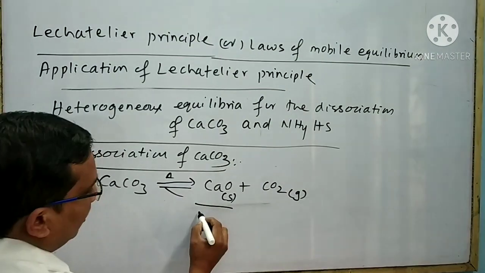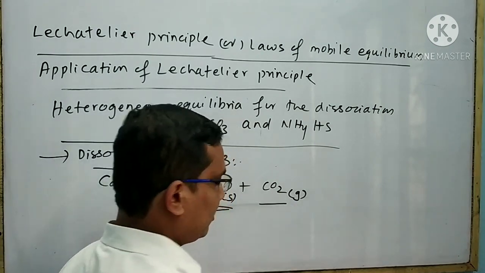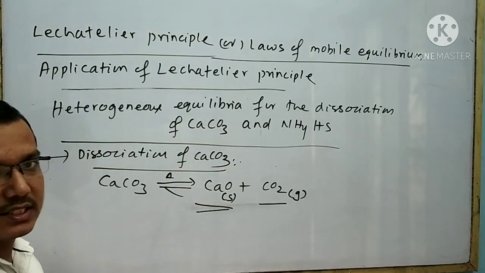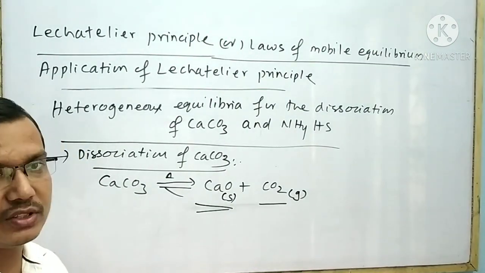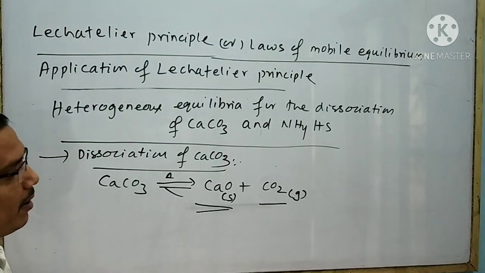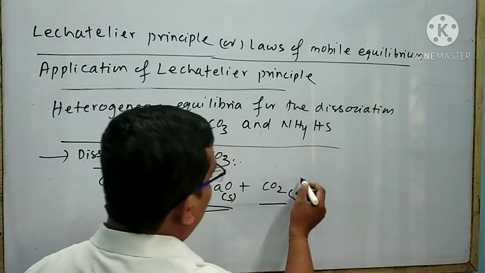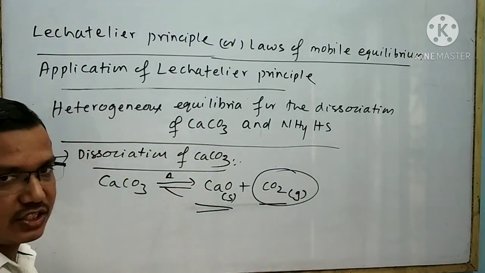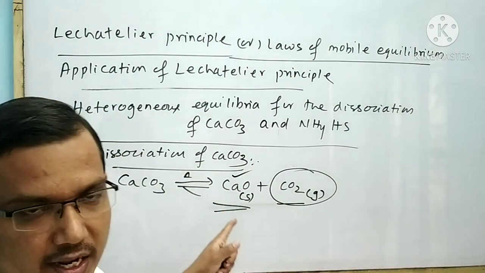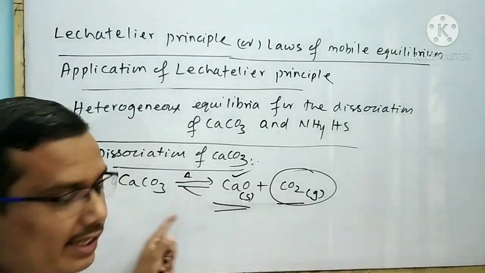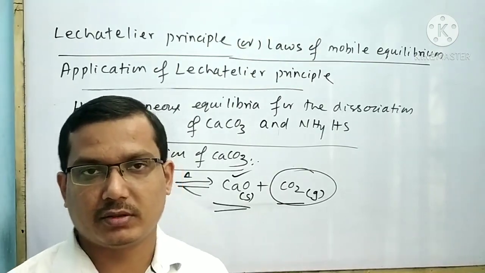Look at that, calcium oxide is a solid, on the other hand carbon dioxide is a gas. We know that a gas is easily removed from the reaction mixture as compared to the solid. So for the formation of more and more calcium oxide, carbon dioxide must be removed from the reaction mixture. So remember, the calcium oxide will be continuously formed till whole calcium carbonate is decomposed.